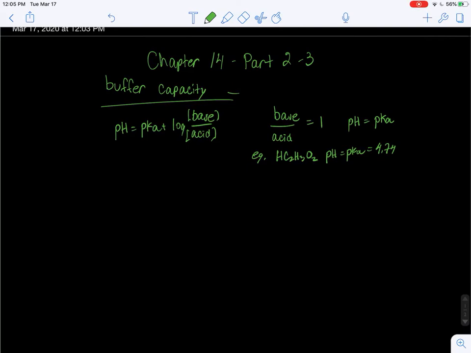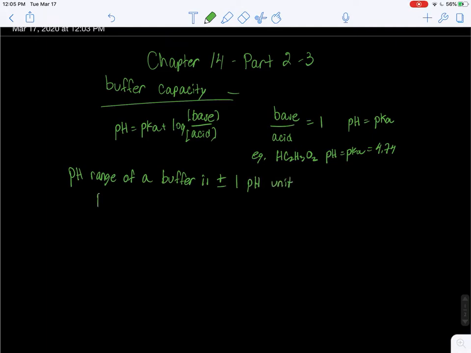Now, there's a certain pH range that a buffer operates in, okay? So the pH range of a buffer is plus or minus 1 pH unit.